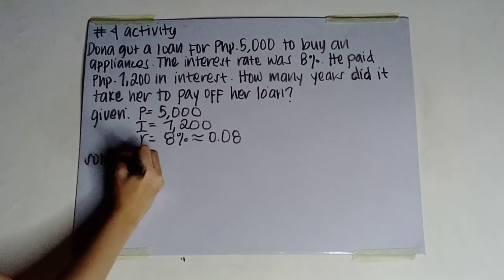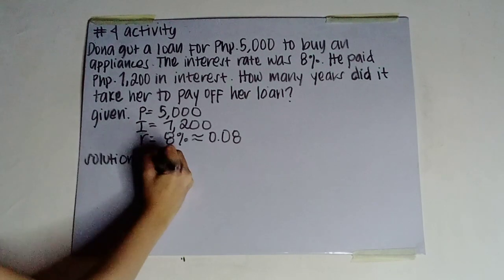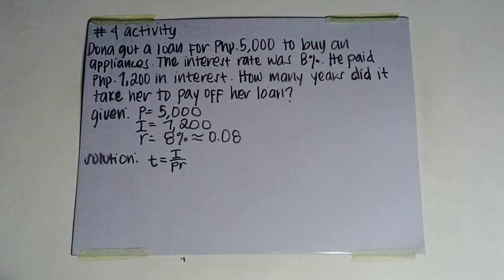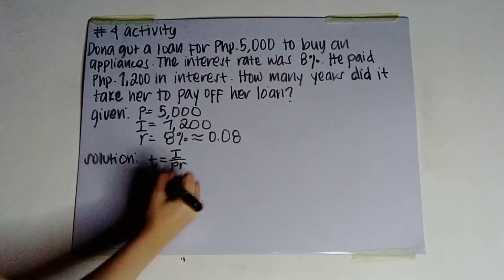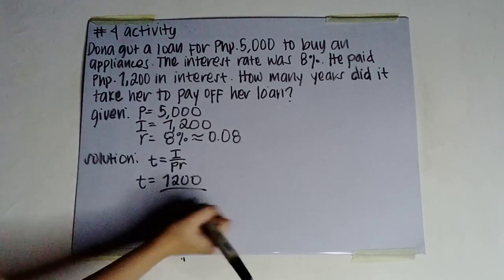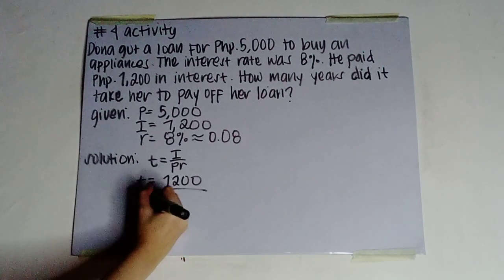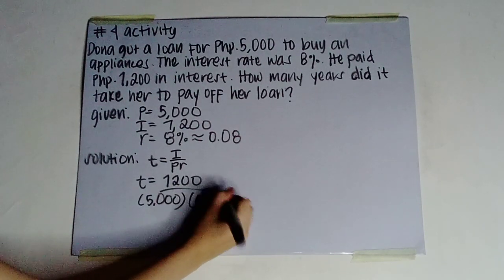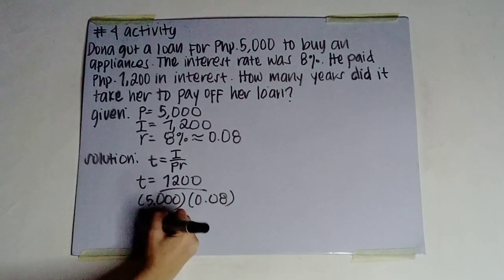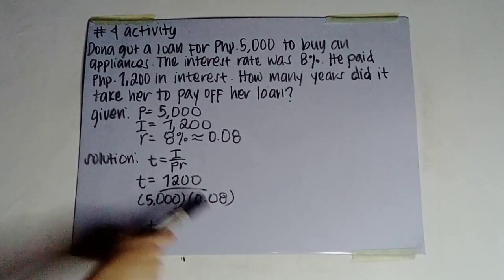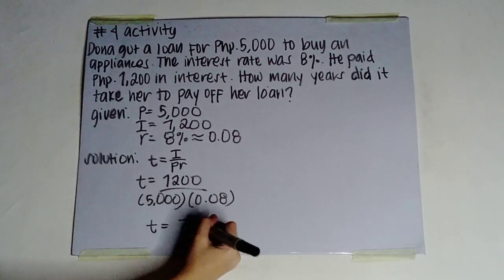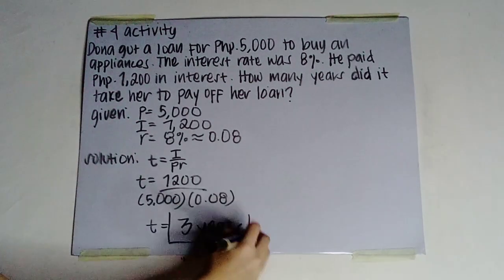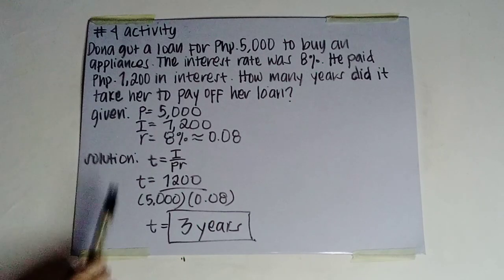Write the solution. So, the formula for finding the time is T equals I divided by P times R. Okay, T is equal to 1,200 divided by 5,000 times 0.08. So 1,200 divided by 5,000 times 0.08 is equal to 3 years. So Donna took 3 years to pay off her loan.